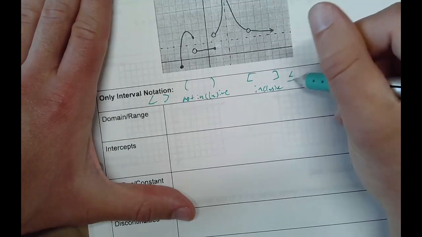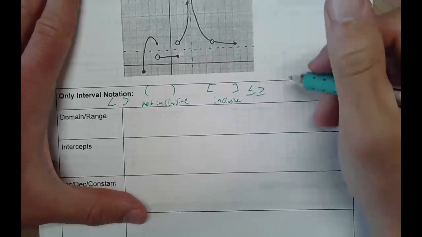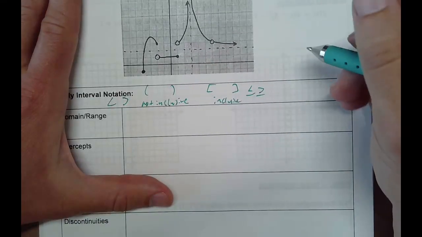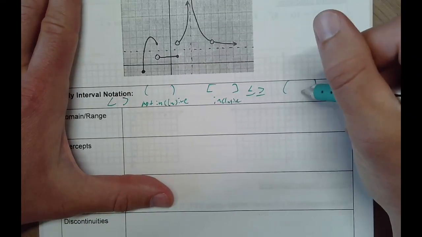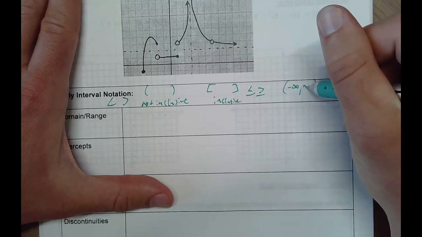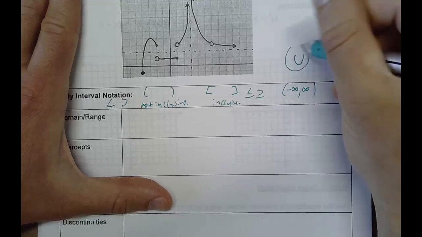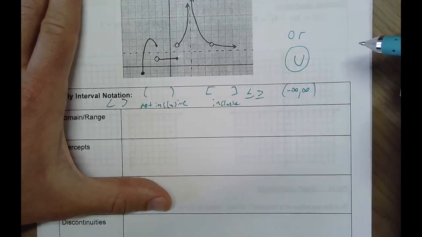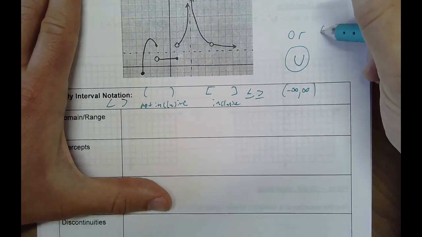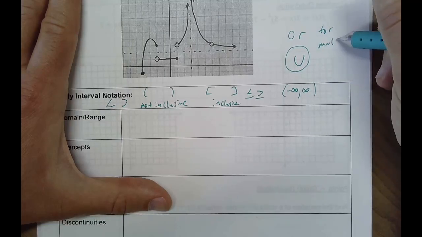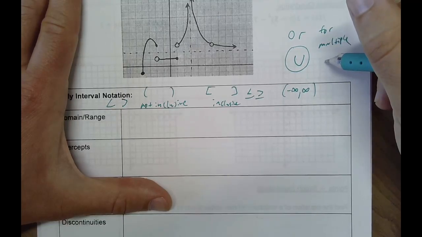Those have those signs in them. Infinities are always open, and we use the union as like the or for multiple intervals.